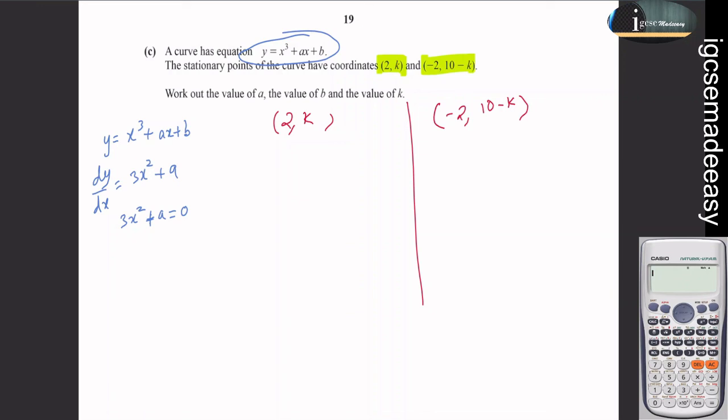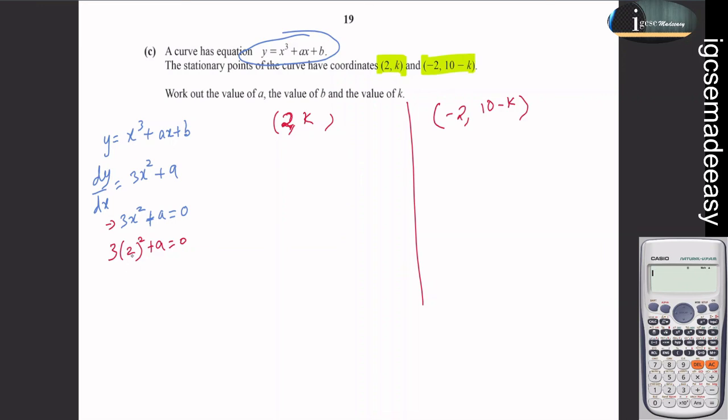So in this coordinate we have x as 2 and y as k. For this case, if I put x as 2 in this differentiation, I should get some equation, right? If I put x as 2, then 3 into 2 square plus a equals to 0. So if I put x as 2, then I should get the value of a, right?